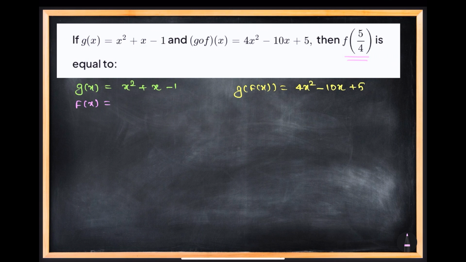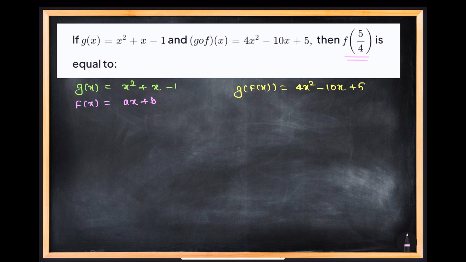It is the product of degrees, right? So the degree of the required thing is 2 and the degree of the given thing is 1. So the degree of f of x must be 1. So can I go with the standard form ax plus b?